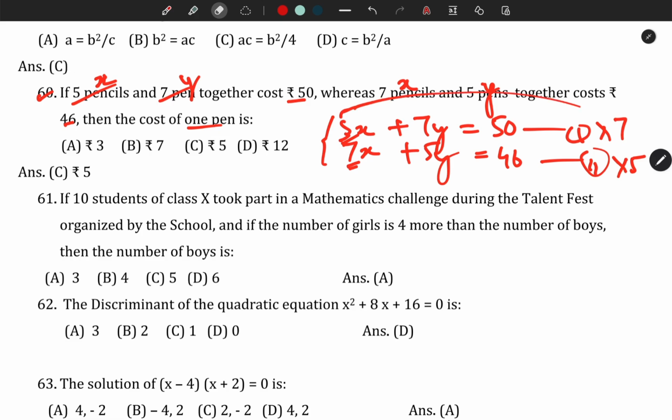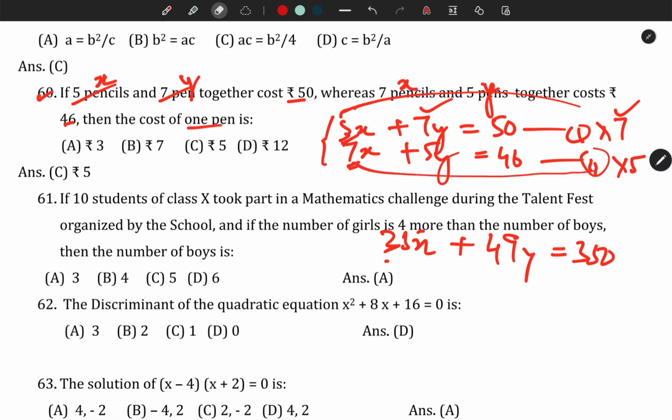If you multiply 5 into 7, we'll make 35x plus 7 into 7 will make 49y equal to 350. Then when you multiply the 7 with 5 will be 35x, then 5 into 5 will be 25y equals 46 into 5, which is 230.